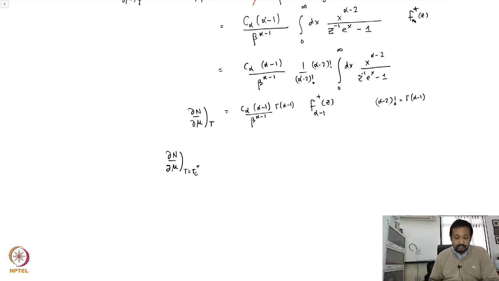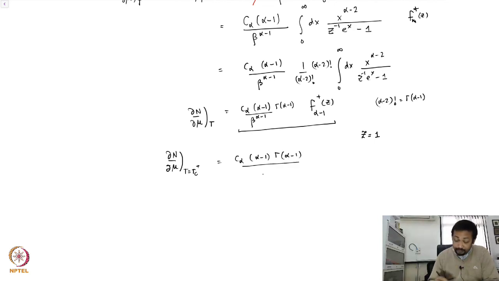For that, I look at this expression on top and I immediately say that I am going to put z equal to 1 over here, so that this becomes C alpha, alpha minus 1, gamma of alpha minus 1, raised to the power beta c alpha minus 1.